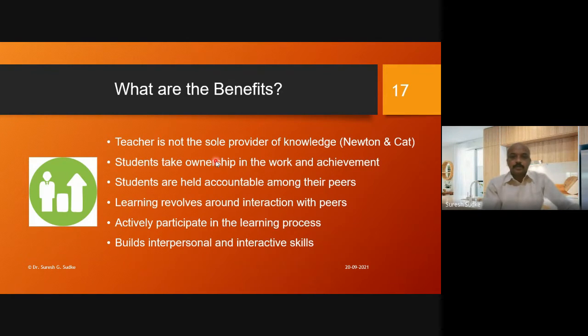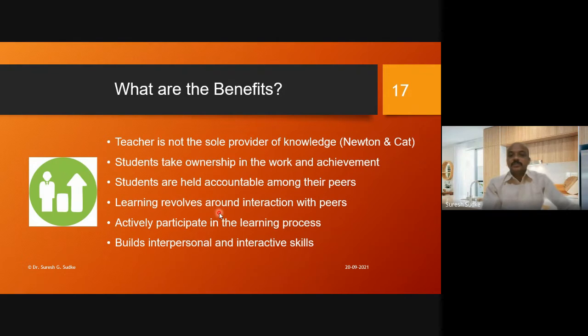The students on their own will work on a particular task, and by working on particular tasks, they will achieve the common goal, and they will become acquainted with the skills required for those particular achievements. And the students are held accountable among their peers.